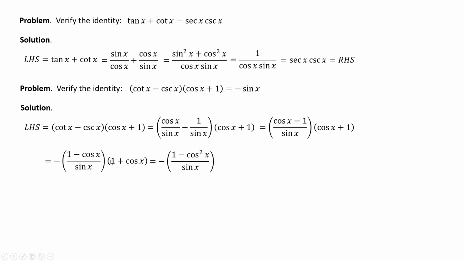A minus b times a plus b is a square minus b square. And 1 minus cosine square x is sine square x. Sine square x over sine x is just sine x. And we have a negative which we are making sure that we are carrying every time. And that reduces to negative sine x.